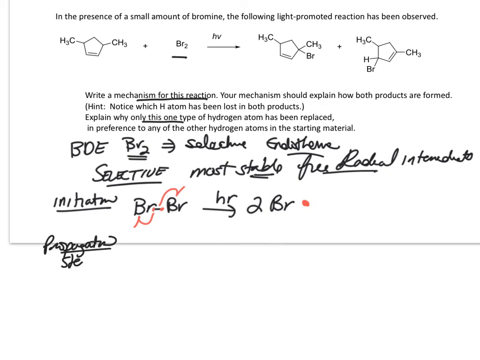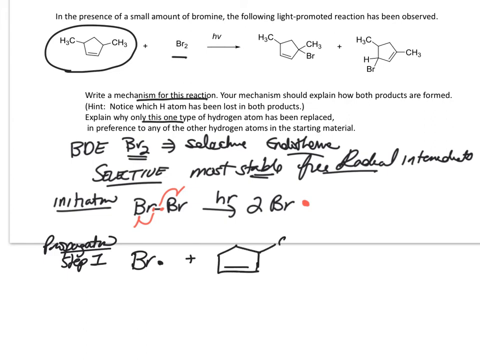Okay, step 1, you take that bromine radical that you just made, and it's going to react with your starting material. Our starting material is this compound right here. Now, you have a carbon-carbon double bond.